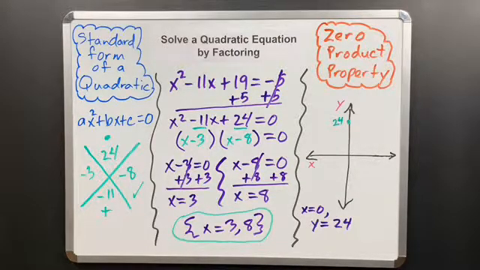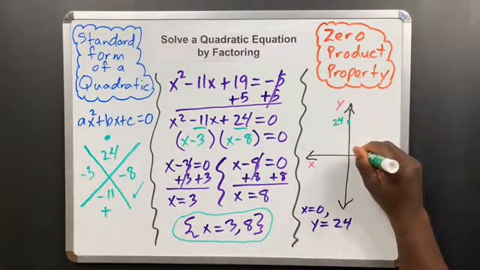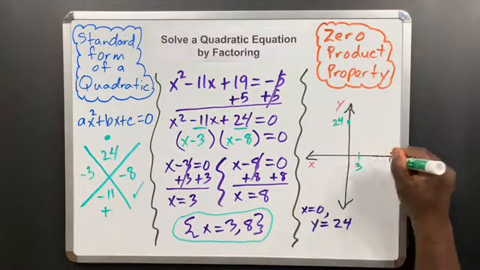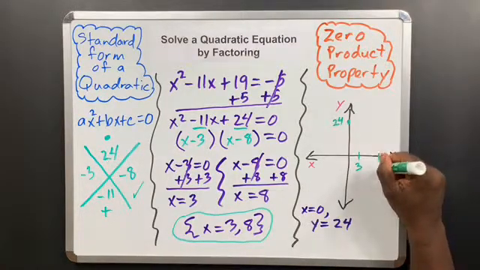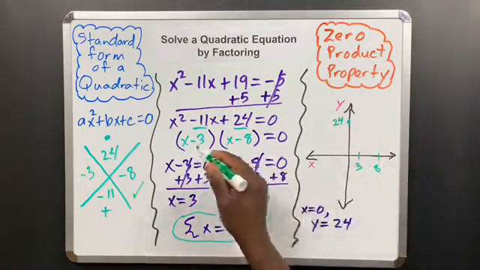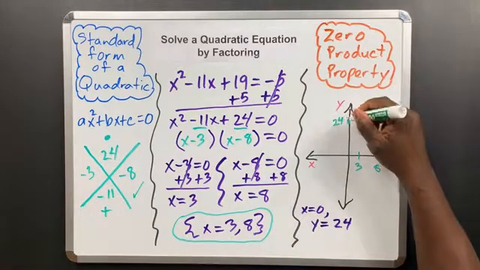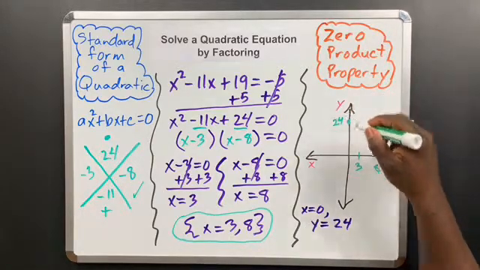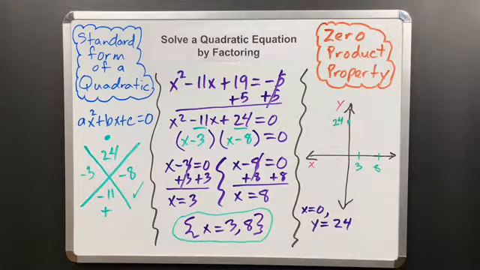Now, we have our two values of x equals 3 and x equals 8. So let's say this is 3, and let's say this is 8. And if I were going to graph this, it's a parabola because it's a quadratic, a smooth sketch would give me something like this.